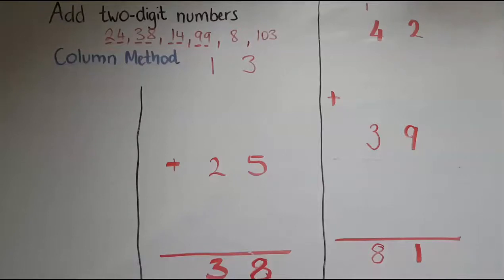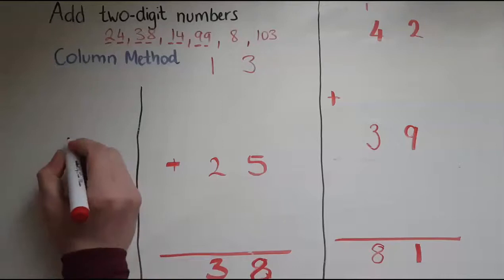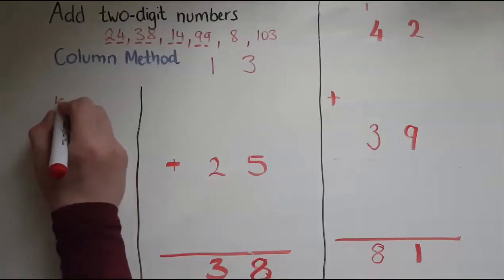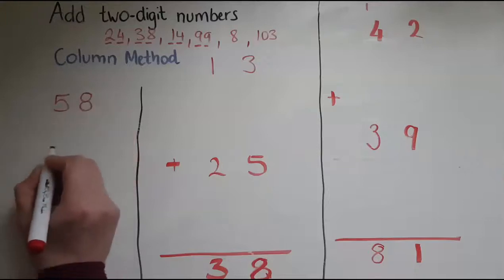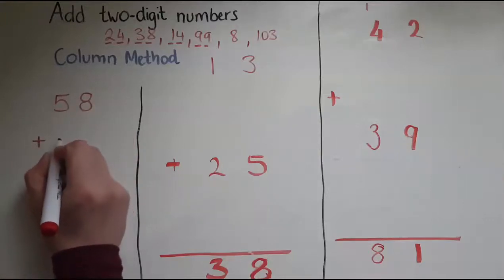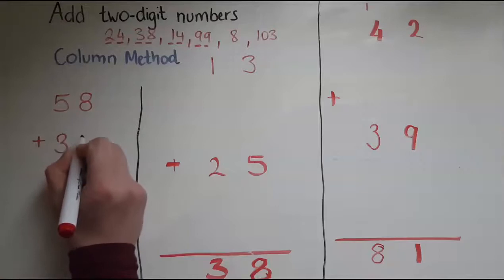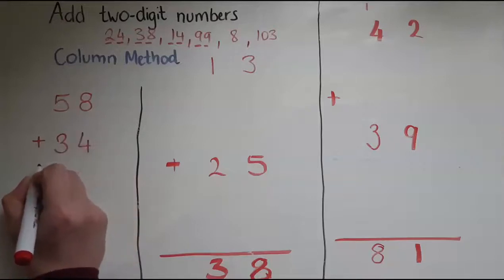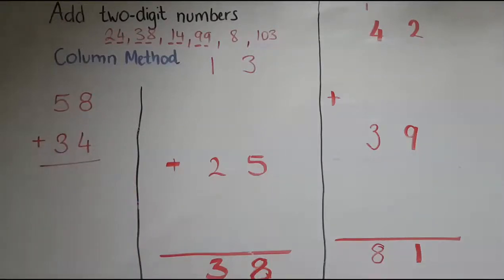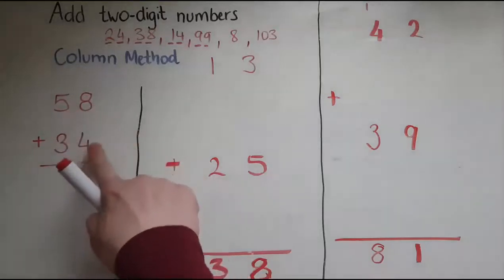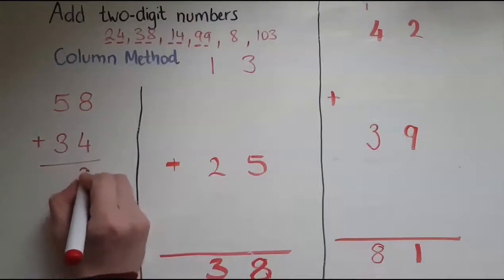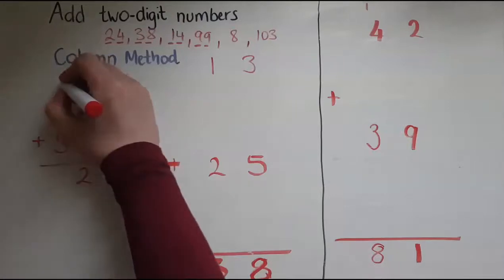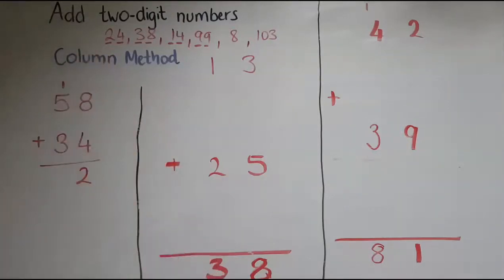I'll do just one more example without the cubes. So I've got now 58 plus 34. So I've got 8 and 4, that makes 12. So I'll put the 2 down and the 10 goes over there.